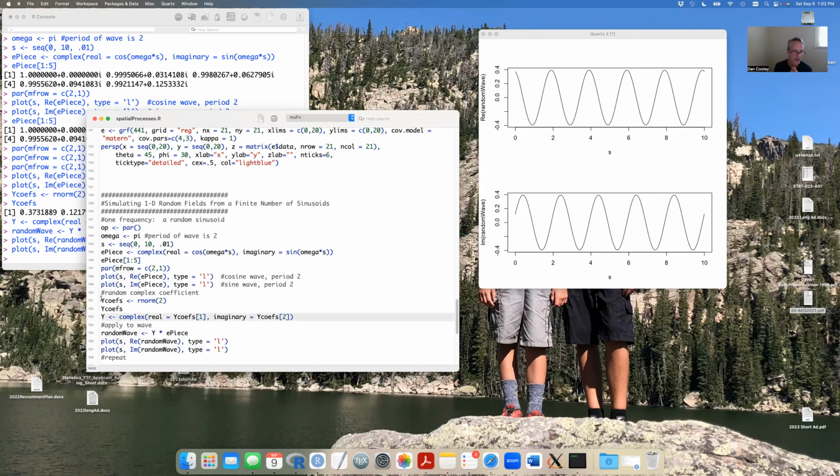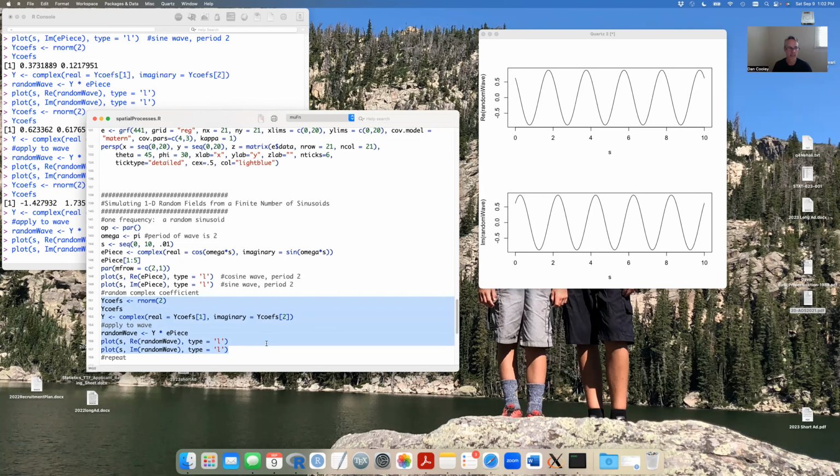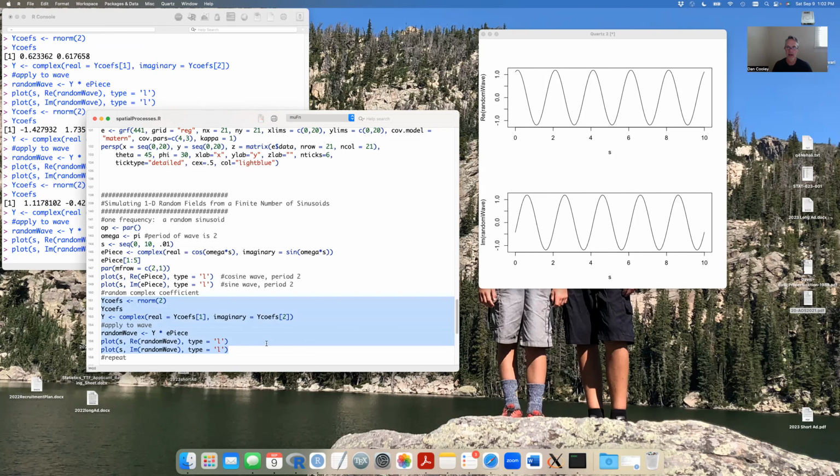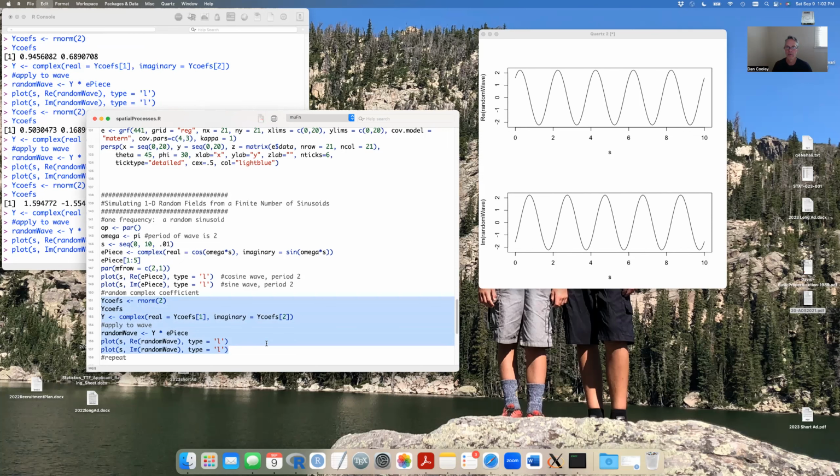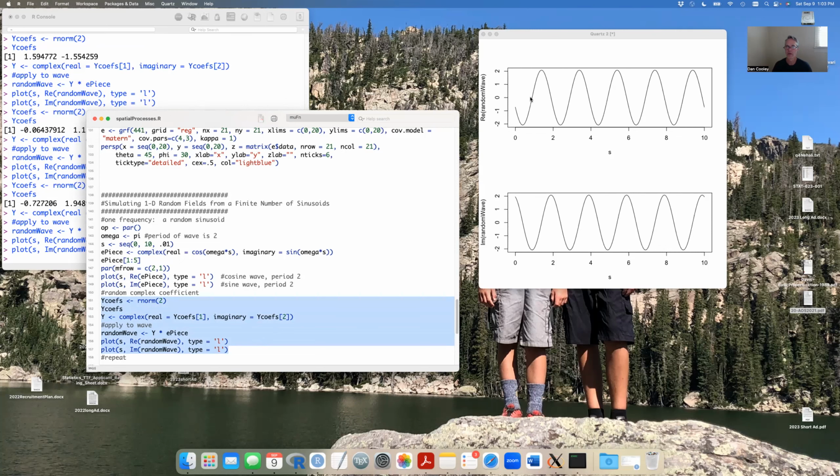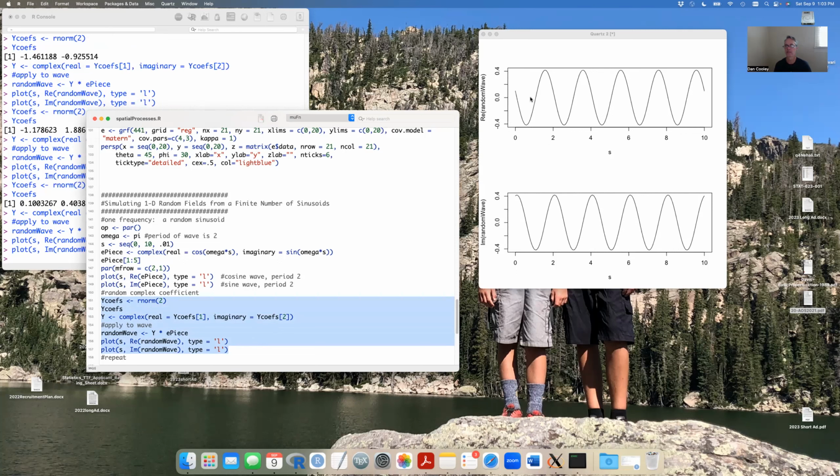And we'll see that if I run this random bit and apply it to our E piece each time, you can see that the magnitudes are changing. You can also clearly see that where the wave begins is changing. So in that sense, we've created a random wave.